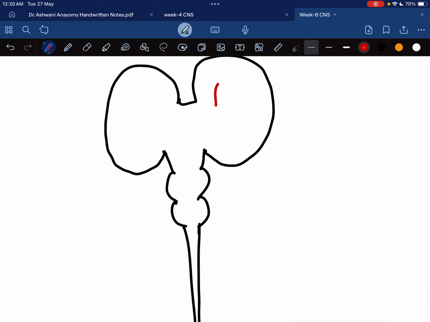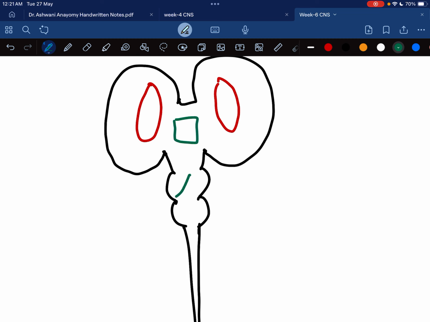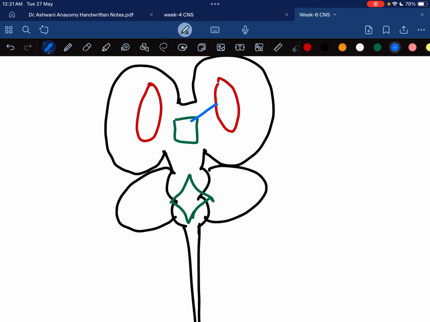There are two lateral ventricles, a third ventricle, and a fourth ventricle, and posteriorly there is the cerebellum. Here is the foramen of Monro, connecting the lateral ventricle to the third ventricle, and from this there is the aqueduct, connecting the third ventricle to the fourth ventricle.